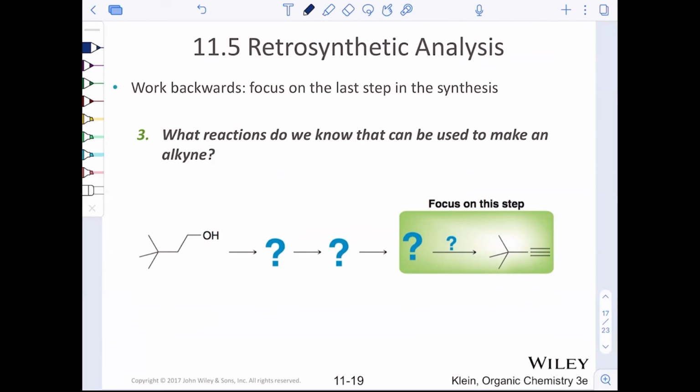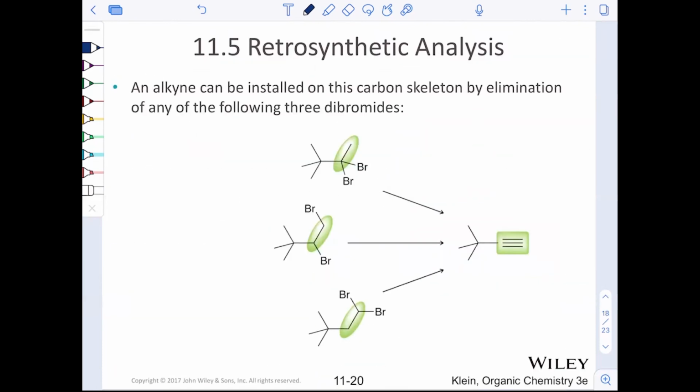Right? There are fewer ways that we know to make an alkyne than there are to react an alcohol. So yes, this is what we want to focus on backwards. That makes it a little bit uncomfortable, but let's challenge ourselves today to be slightly uncomfortable.